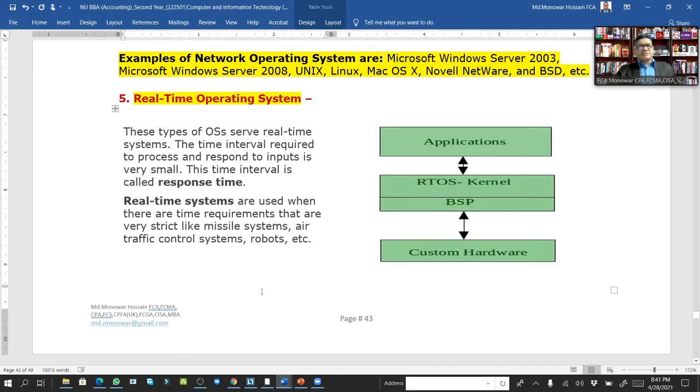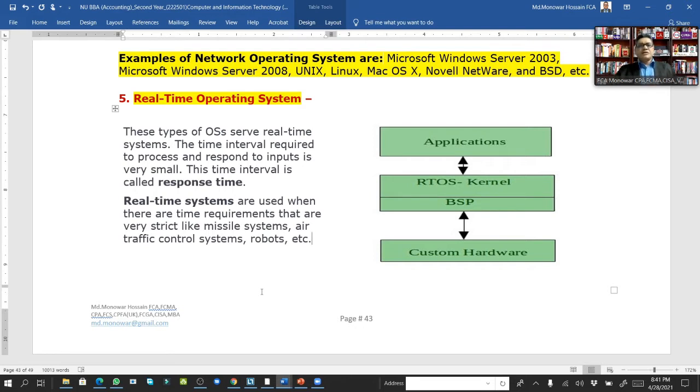Real-time operating system. These types of operating system serve real-time systems. The time interval required to process and respond to inputs is very small. This time interval is called response time.